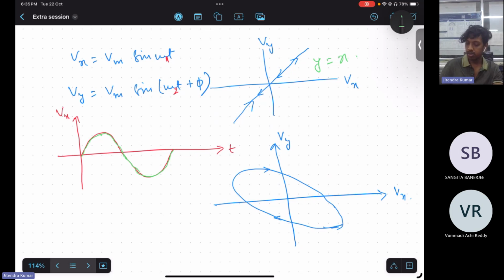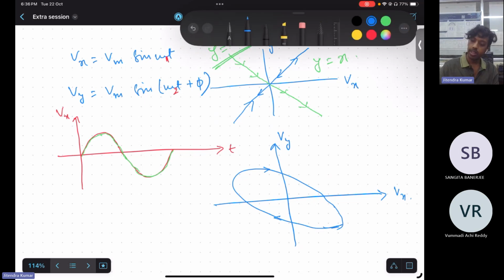Okay. So if it is lying in first and third quadrant, its phase is 0. But once it lies in this quadrant, right? Second and fourth, then what will happen? How much will be phase difference between Vy and Vx? Now for this, y is equal to minus x, isn't it?